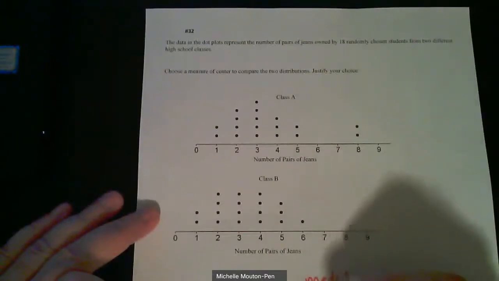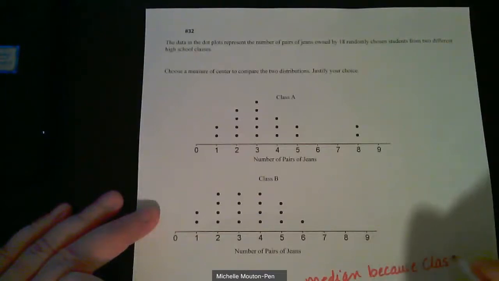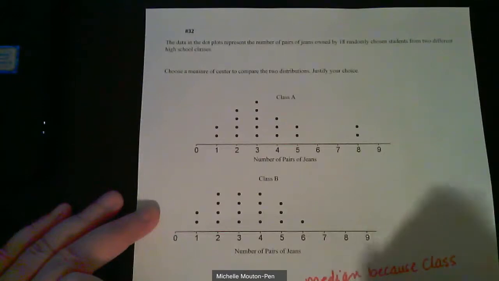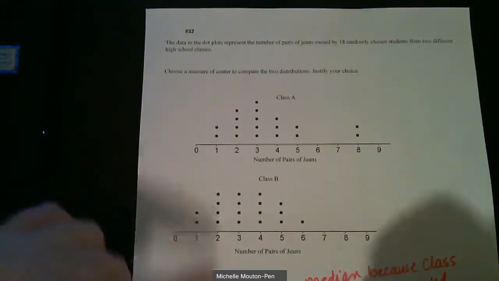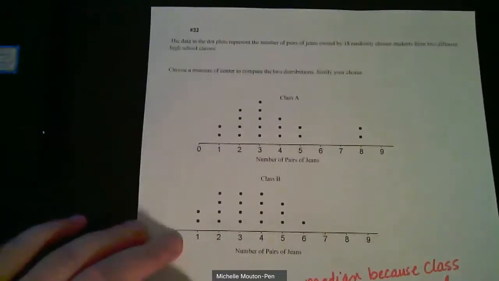So median, because class A data is skewed right. And it really doesn't even matter about class B at this point, because both of them would need to be symmetrical in order for us to use the mean. Therefore, we would use median for this particular data.